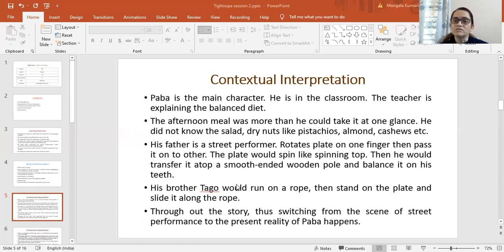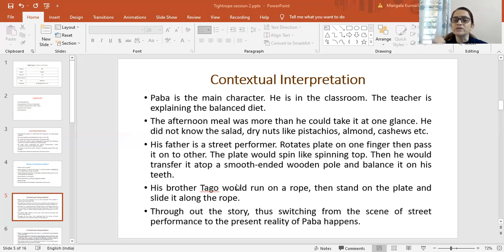His father, now all of a sudden, so abruptly, from the classroom scene, Baba mentally gets transferred to the street performance. His father is performing tightrope tricks, and he is rotating the plate on the tip of one finger, then passes it on to the other.